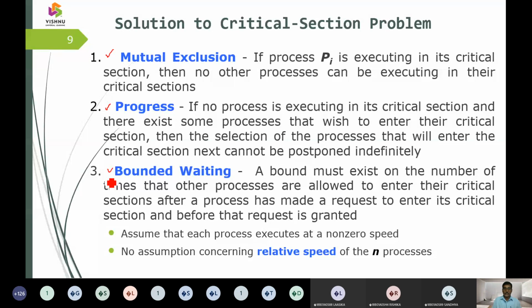Mutual exclusion says that at most one job must use the critical section. So if Pi is using the critical section, it will not allow Pj or Pn or Pm or Px. Whichever job it is, it is not allowed inside the critical section.